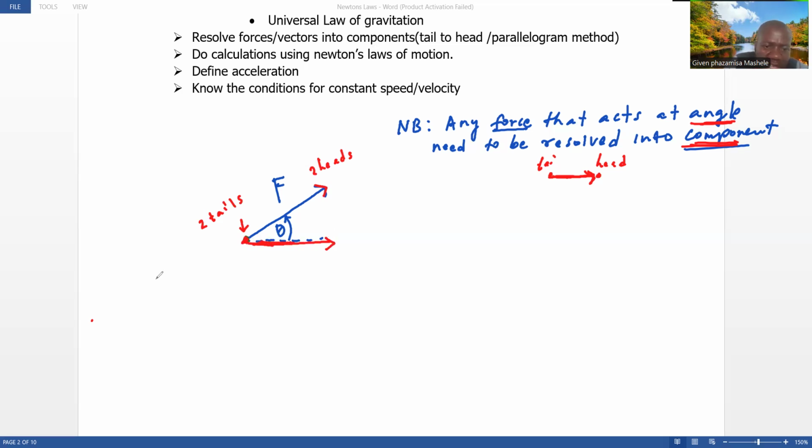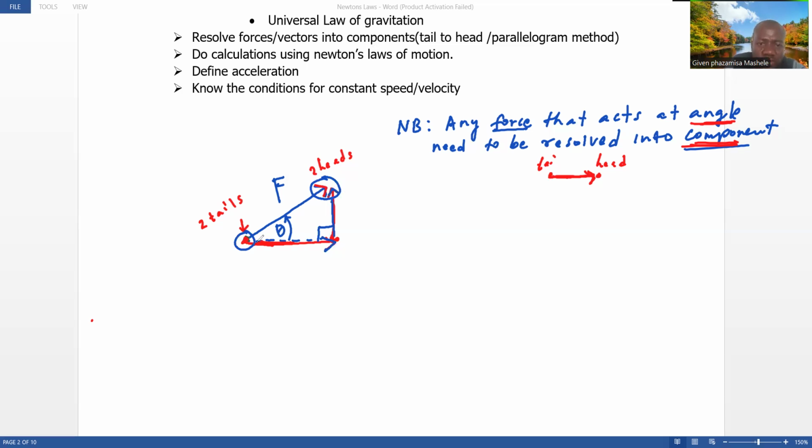And where there is a tail, a head, I have to put another tail here. Then I come this side. To see that I have done it correctly, I must have how many heads? Two heads and two tails. Then it means this is my resultant. And since this is my resultant, there will be an angle of 90 degrees, and it means these two will be the components of the first one.